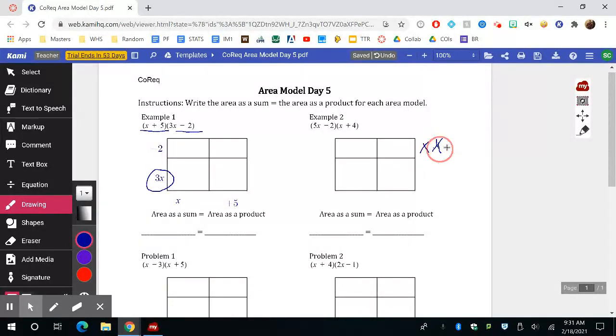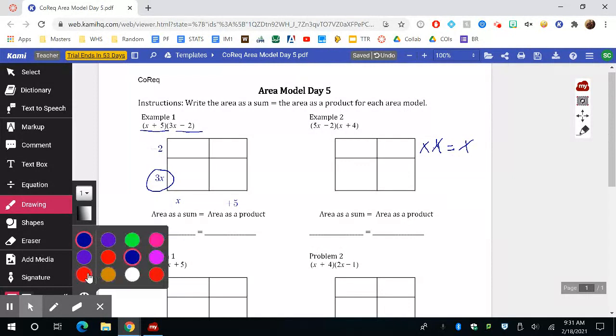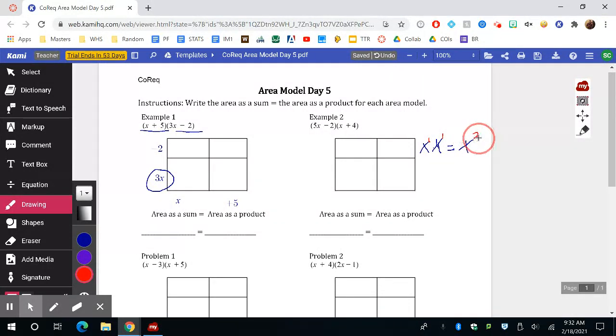And what do we do when we have the same base? Well, the base remains the same, which is x. We're just going to add the exponents. And although we don't see it, there's a 1 in there and there's a 1 in there. So we just add those two. 1 plus 1, that gives me 2. Okay, so x to the second power.